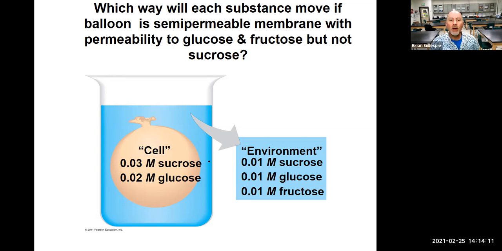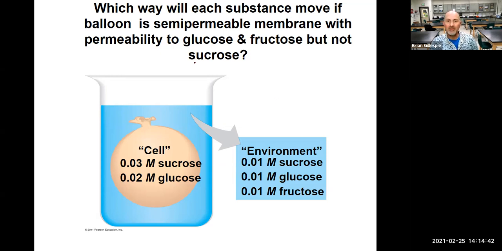Well, let's just handle the diffusion of the sugars first, and then we're going to come back and see what this does to the water portion of these solutions. But first, let's look at the diffusion of sucrose. Now, where do we have a concentration gradient for sucrose? Is the concentration gradient going to have sucrose go from inside our cell to the outside environment, or are we going to have sucrose go from the outside to the inside?